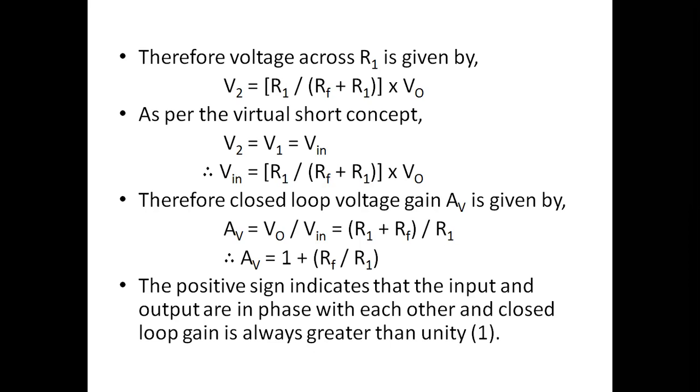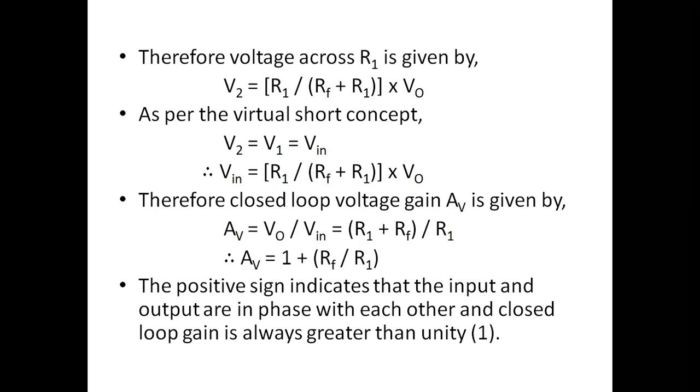But here we have ideally infinite input resistance, due to which the current flowing through both the inverting and non-inverting input terminals is 0. The voltage across R1 according to the voltage divider is R1 upon R1 plus Rf into VO, which is nothing but the output.